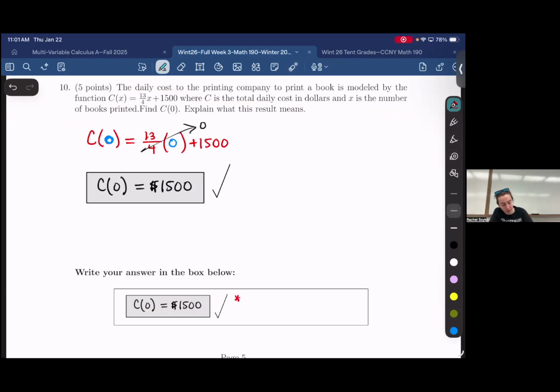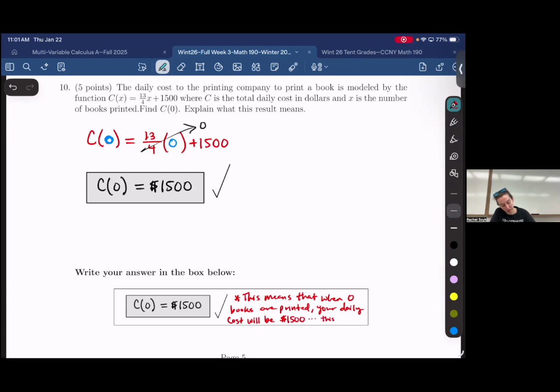So this means that when 0 books are printed, your daily cost will be $1,500.